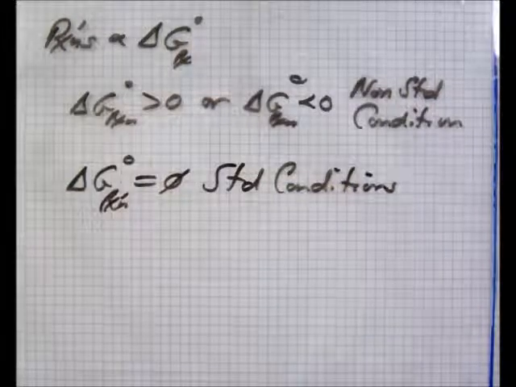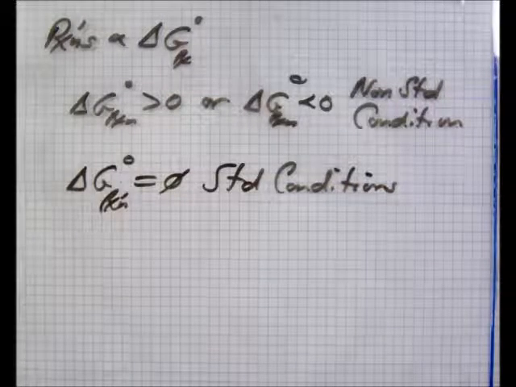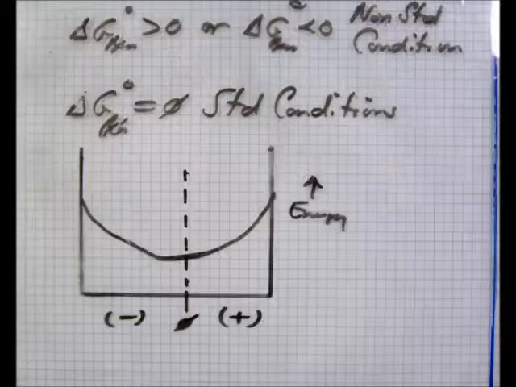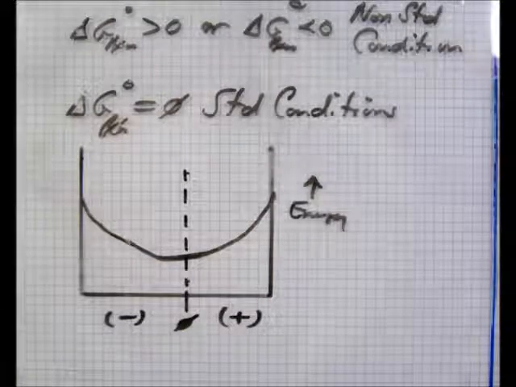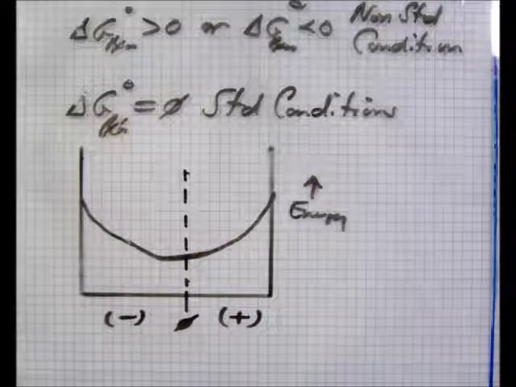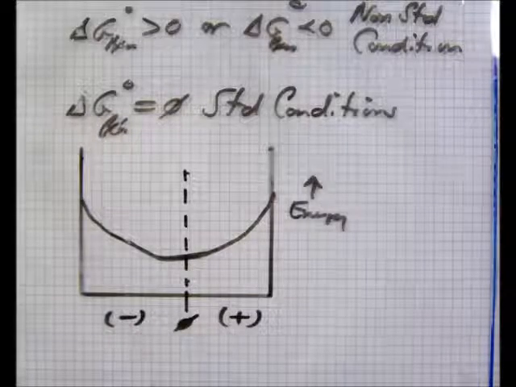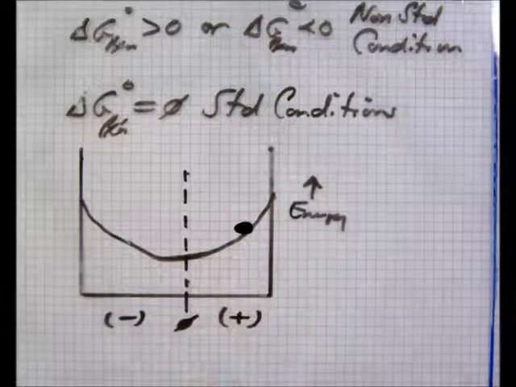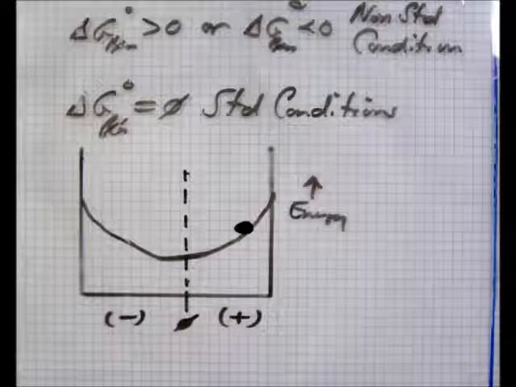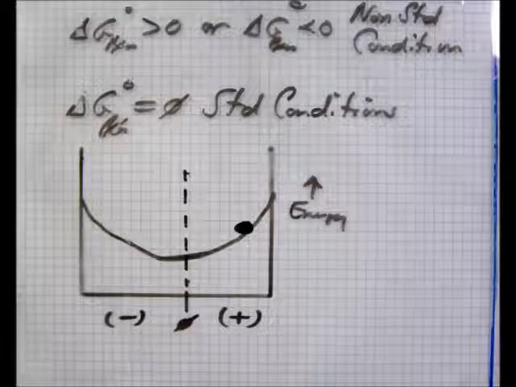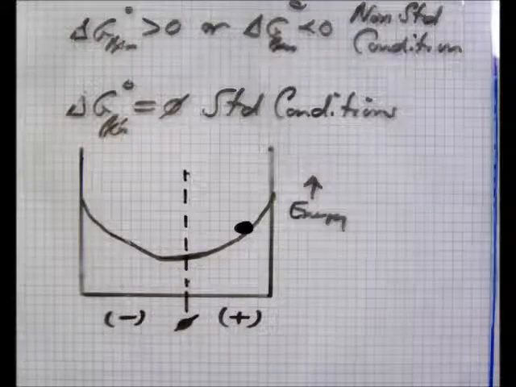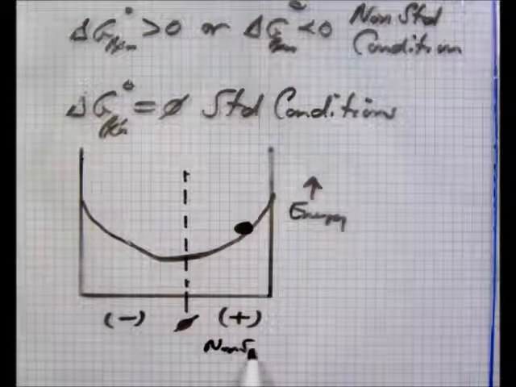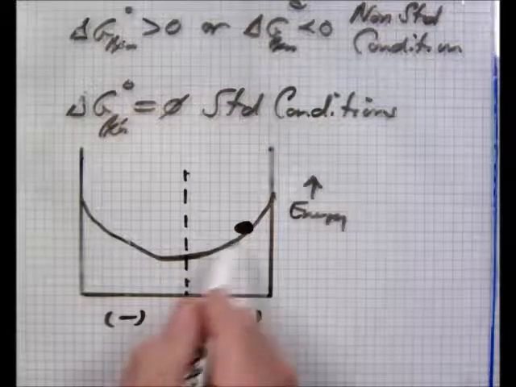Now, this can be related to a little graphic diagram. I'll show you what we're getting to ultimately. Right here, a weird looking diagram like this. And then we go back to the rolling ball issue. If I put a ball here on this side of this curve, okay, we say it's in a non-spontaneous region, and we have to do something over here. So we get the ball moving, and what does it do?